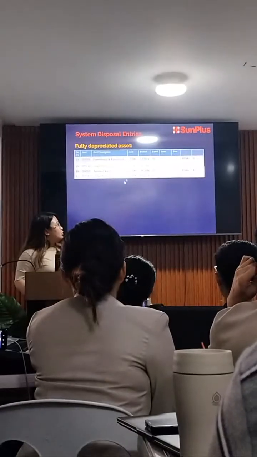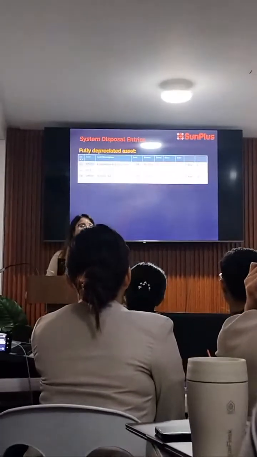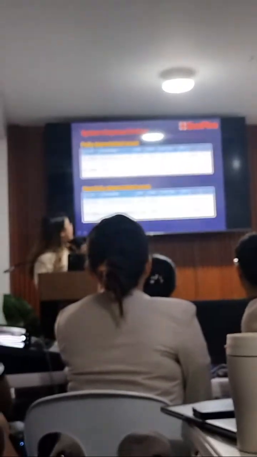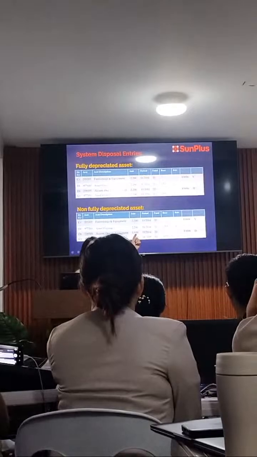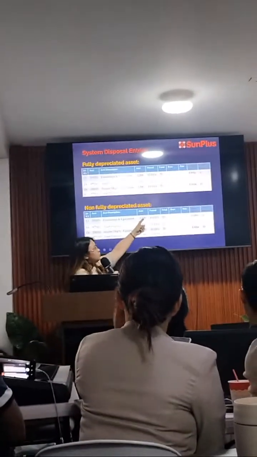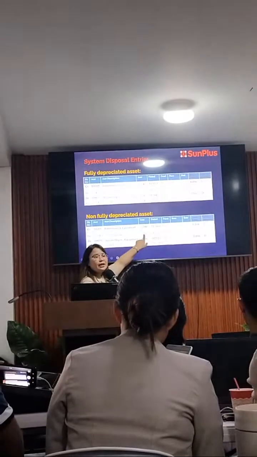The problem here, you will only take note of this kapag hindi siya fully depreciated. Pag hindi fully depreciated ang asset like this, 2,200 ang gross value. Ang accumulated depreciation niya kalahati lang, 1,100. So, for this amount, 2,200, the system will credit 2,200.